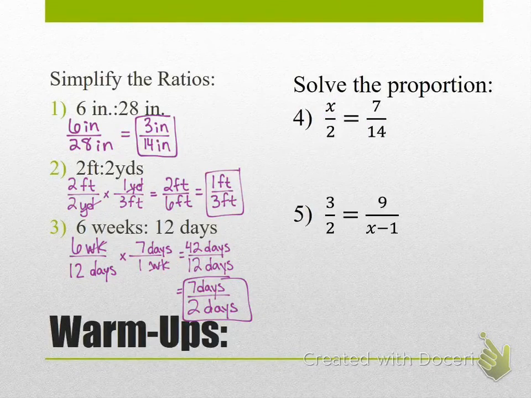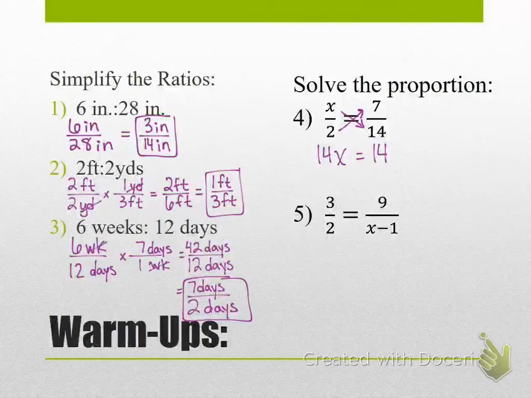In order to solve proportions, we take the cross products. So we multiply the means together, we multiply the extremes together, and we set them equal to each other. So when I multiply my extremes, what do I get? 14x. When I multiply my means, I get 14.